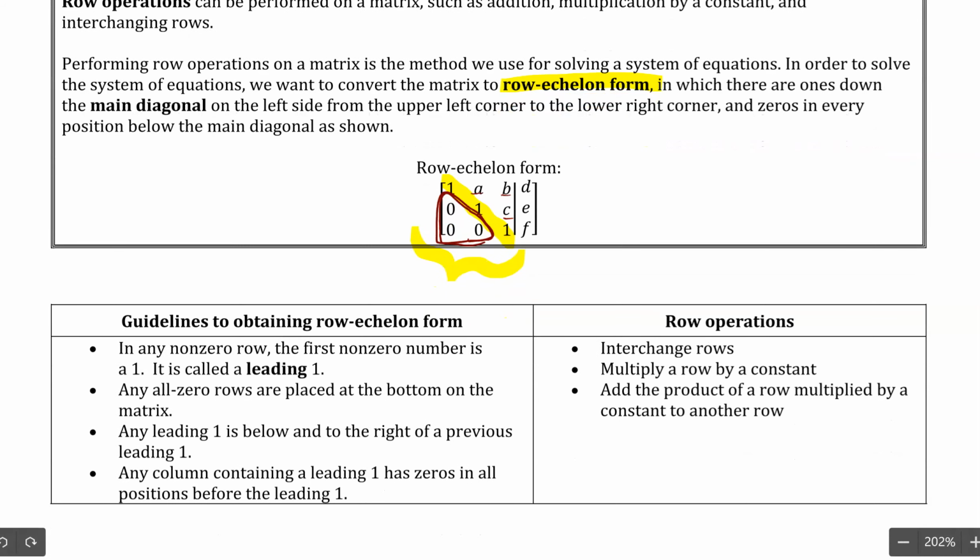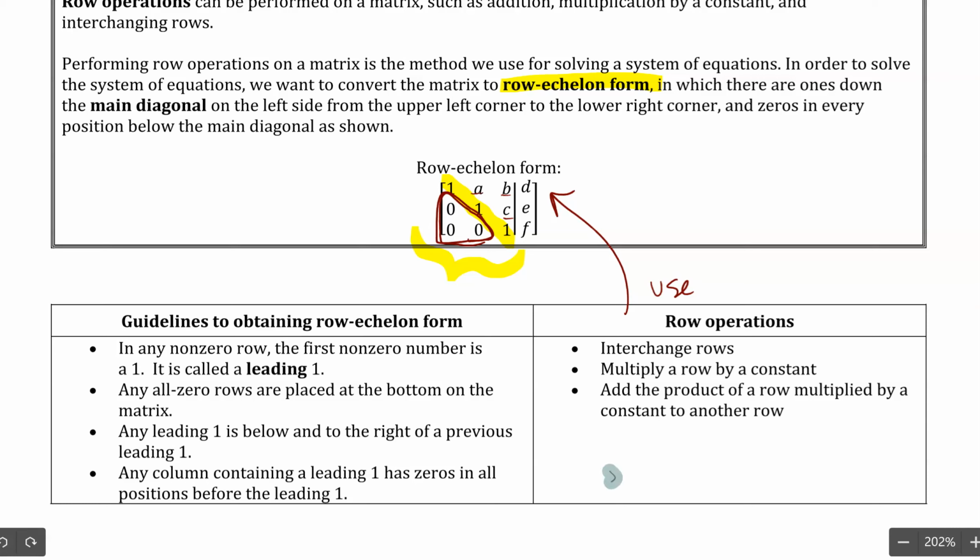In order to get a matrix into row echelon form like this, we use row operations. So what row operations can we use to get a matrix to look like this? Well, we can interchange rows. Interchanging rows means that we can just switch row 1 and row 2.